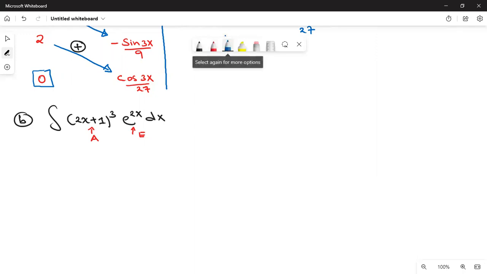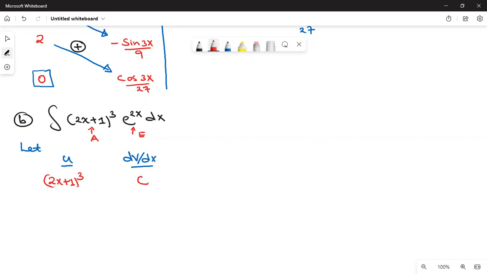So we are going to say, let our u, we will have u and another column for dv over dx. In this case, our u is 2x plus 1, all cubed. Our dv over dx is exponential 2x.